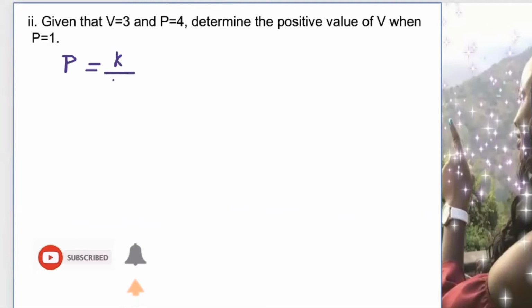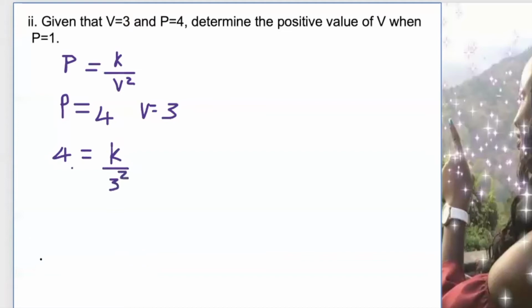This will assist us in first finding the constant K. When V is equal to 3, P is equal to 4. So substituting P to be 4, and we don't know K as yet, V is 3, so I'll square the 3 in my denominator. 3 squared is 9, so what I'll have is 4 equal to K over 9.